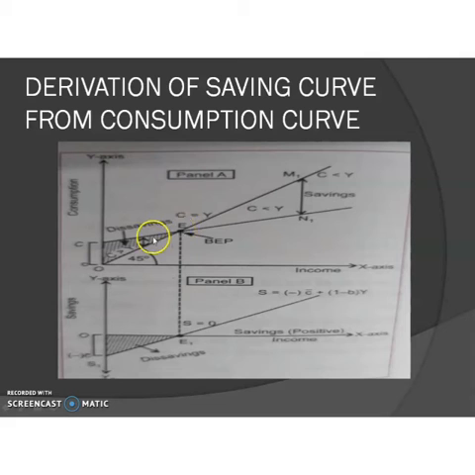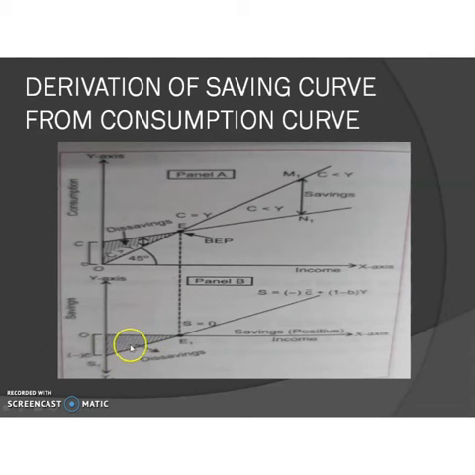So at any point to the left of E, that is this shaded area, leads to negative saving, or consumption is greater than income. Then it leads to which one?